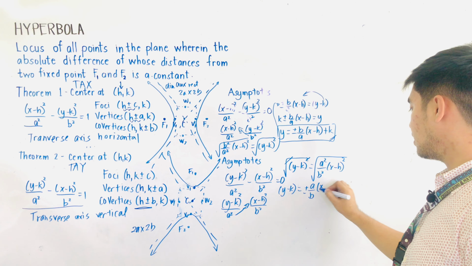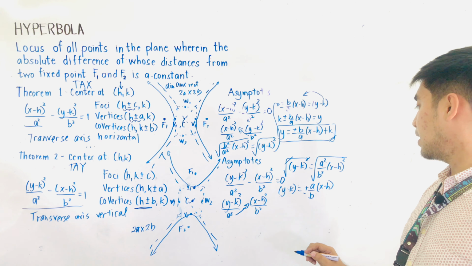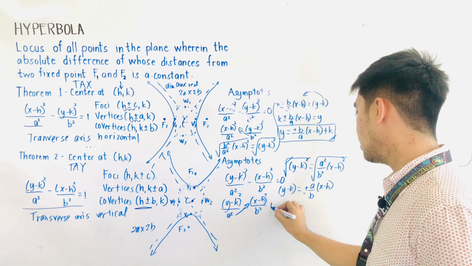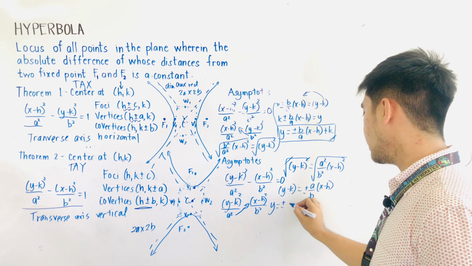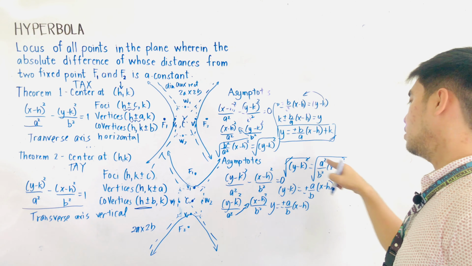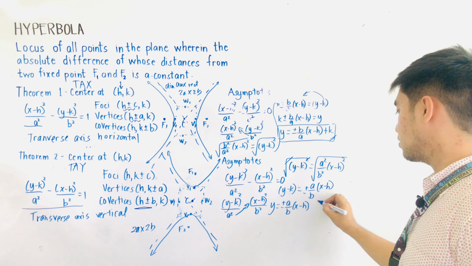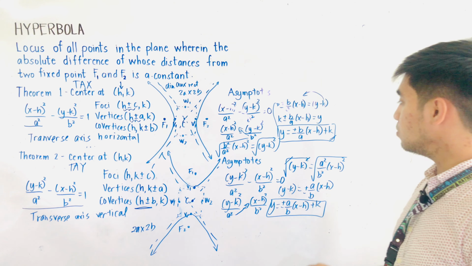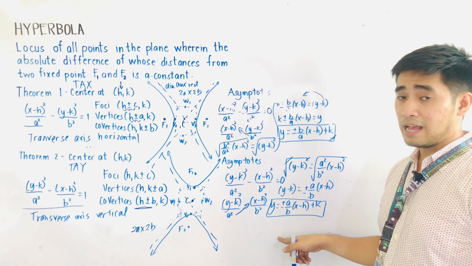Since we have y minus k, that is now y is equal to plus minus a over b times (x minus h), negative k, transfer it out to the right side, that becomes plus k. And this is now the equation of the asymptote if the transverse axis is vertical.